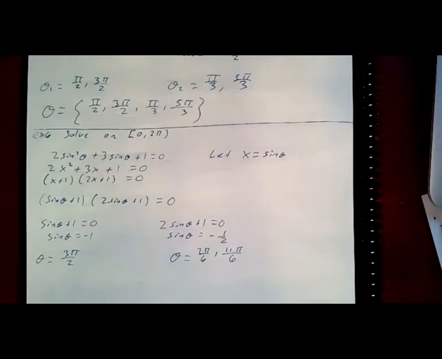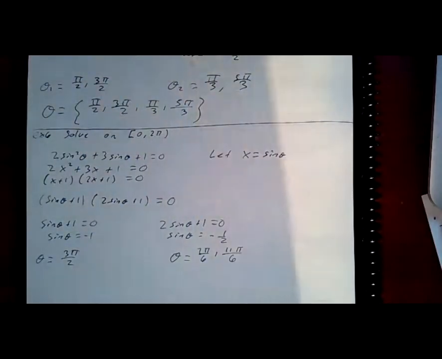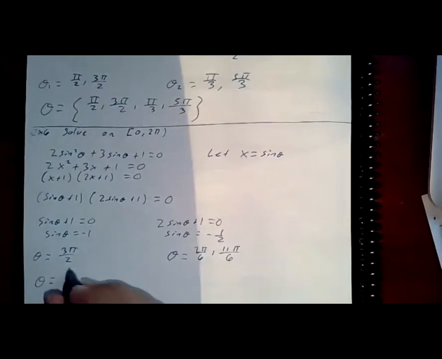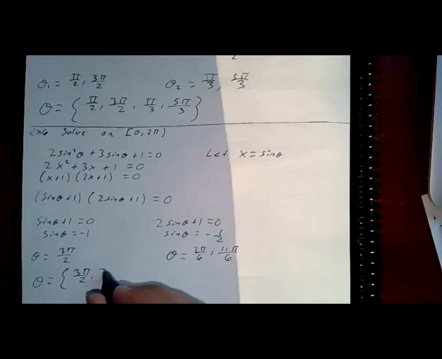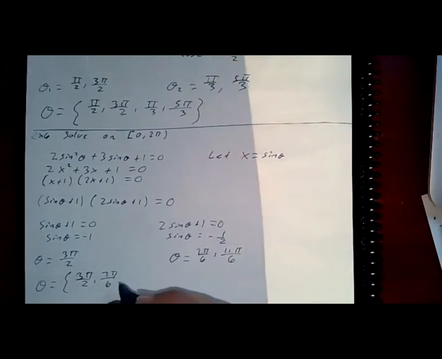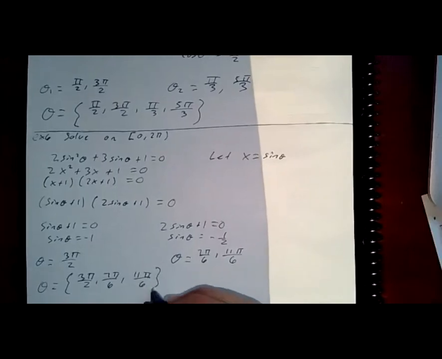Okay. So our solution set will be 3 pi over 2, 7 pi over 6, 11 pi over 6.